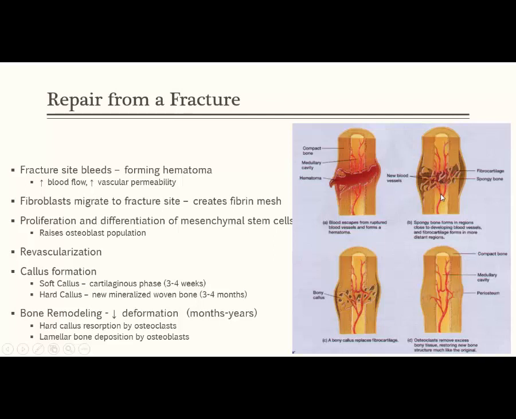Then revascularization: vessel growth factors cause blood vessels to grow into the area. Then you're going to have osteoid formation, which is the organic matrix and is called a soft callus, for 3 to 4 weeks. And then mineralization takes 3 to 4 months to get full mineralization of the osteoid. So you have a new mineralized bone.